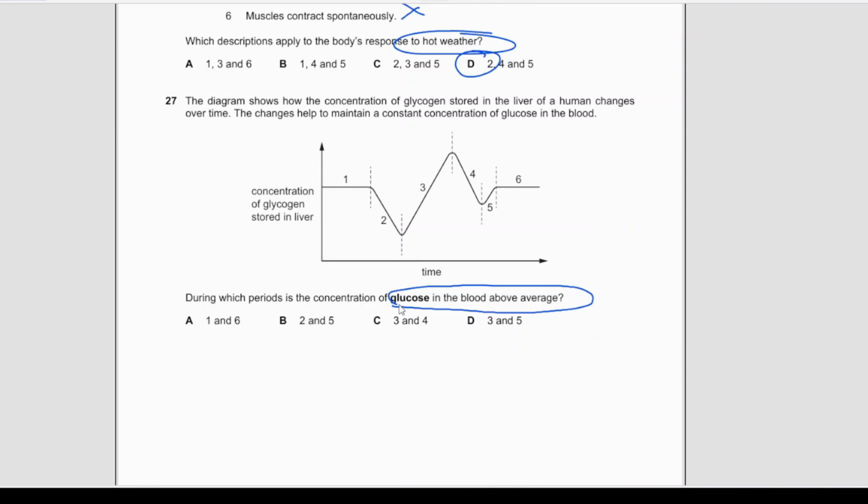Now tell me the answer. Where is glycogen increasing? At 3. At 5. These are the points where the glycogen is increasing. So glycogen is produced only when there is more glucose in the blood.